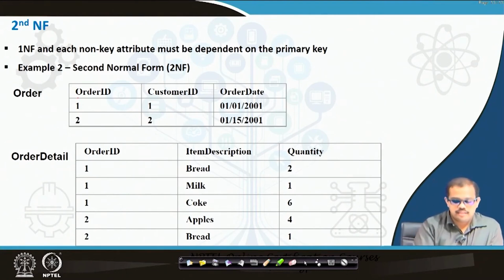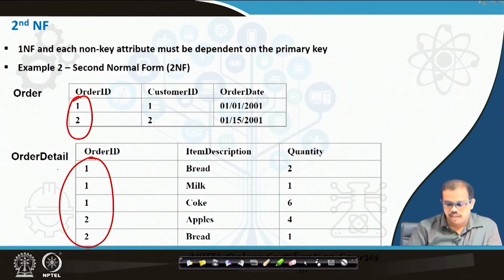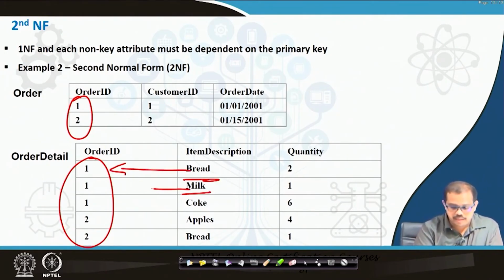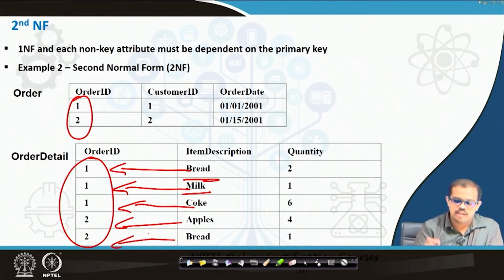So, I consider order ID here as the primary key. Again, order ID is the primary key. Now, each item here is dependent on the primary key for its existence. This is a non-key attribute. There is no key associated with it, so it is dependent on the primary key.